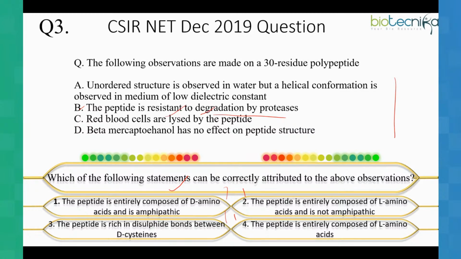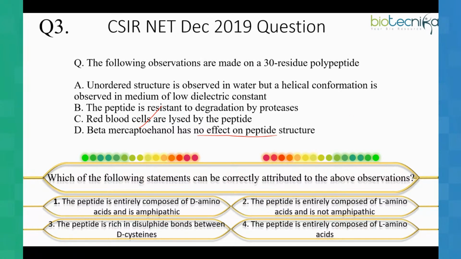Probably there is a change in the peptide bond alignment because of which the enzyme is not able to recognize the protein anymore. Red blood cells are lysed by the peptide. Generally our own cells will not be destroyed or disturbed by our own proteins, but this peptide will lyse the red blood cells.